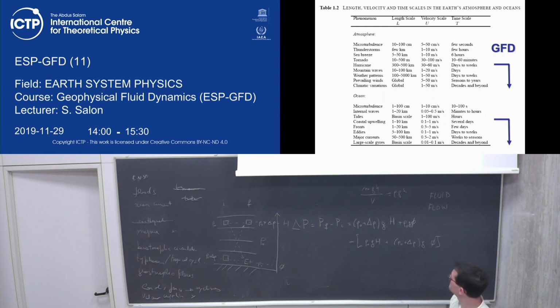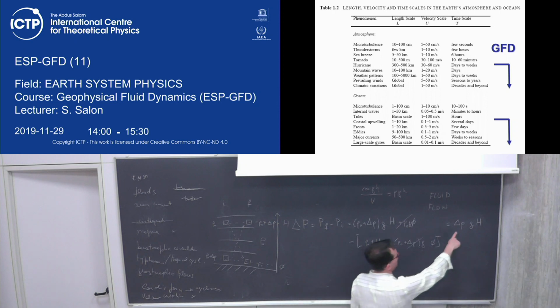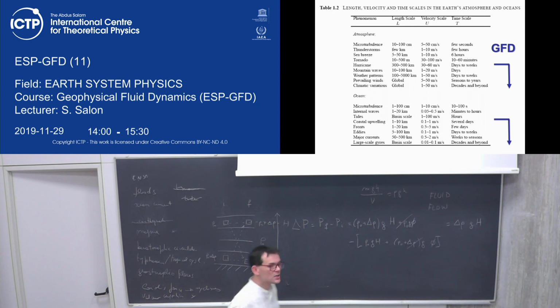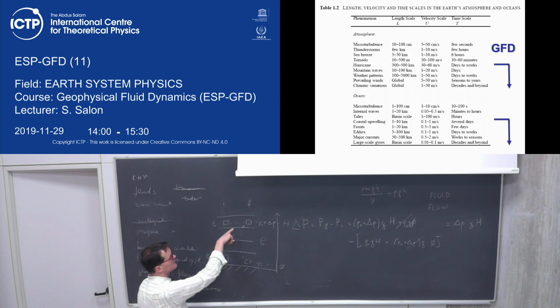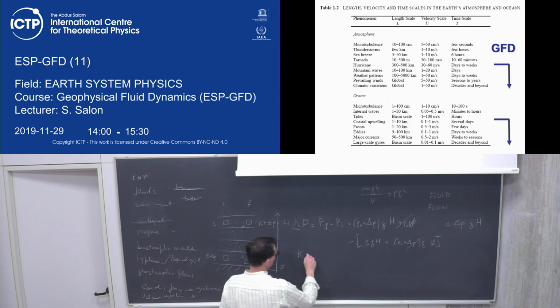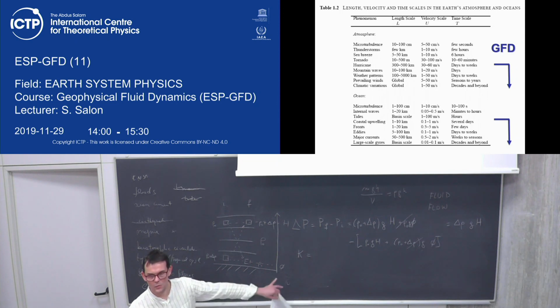Easy. Of course, these two terms can be neglected. I just have to make the difference, and what I obtain is delta ρ g h. So this is the variation of potential energy, which has impacted this system thanks to a kinetic energy. So again, what is the formula for kinetic energy?